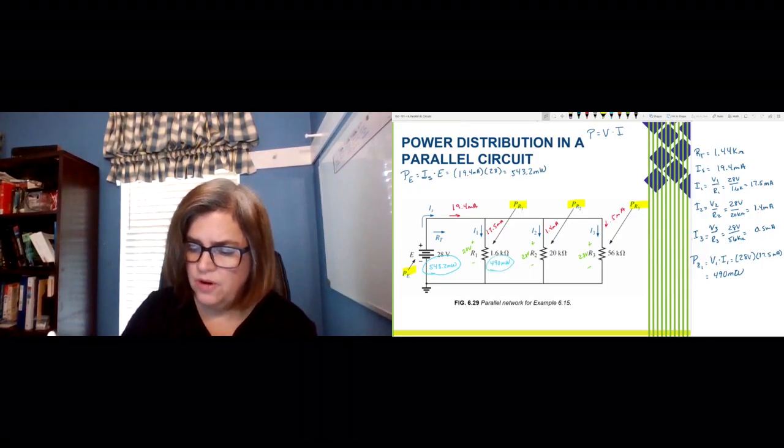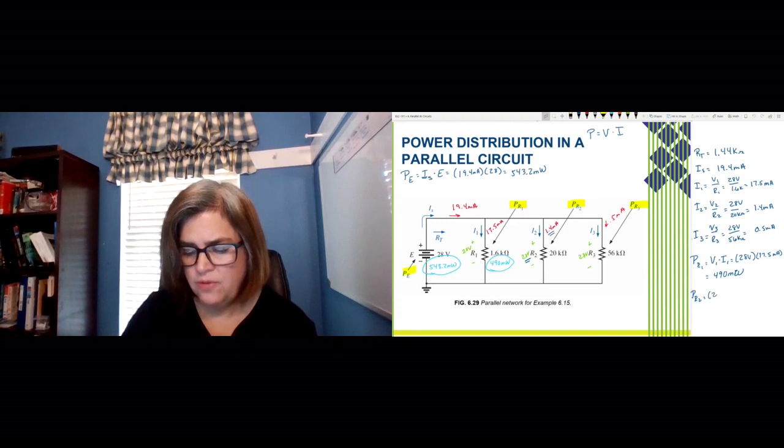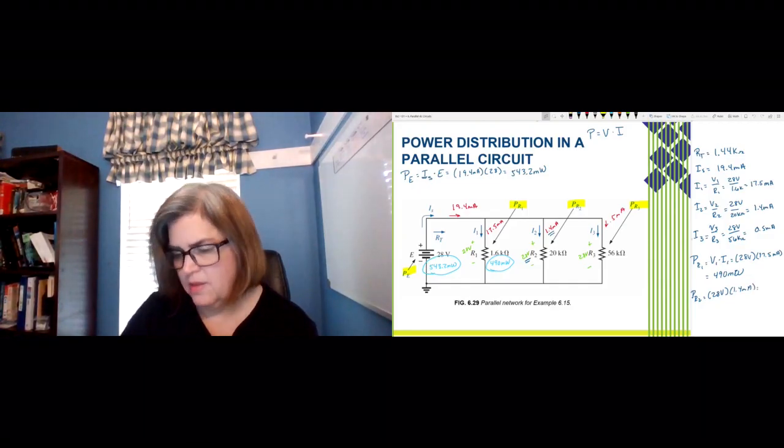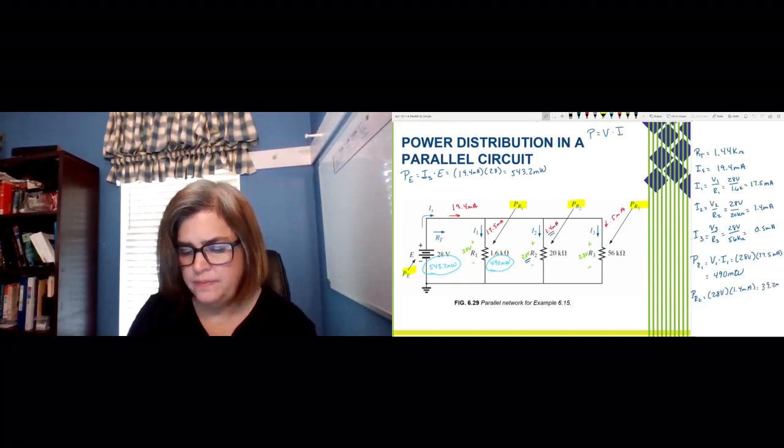And let's look for PR2, which is going to be the voltage drop across R2 times the current through R2. So 28 volts times 1.4 milliamps, or 39.2 milliwatts again.